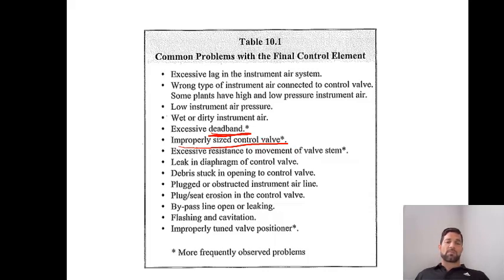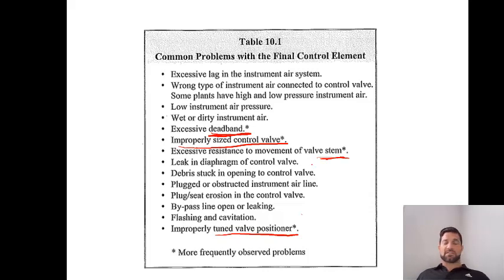So if you have an improperly sized control valve, you're not going to be able to achieve the control performance that you want. The valve positioner might be improperly tuned, so you may have to change this by looking at the valve positioner on the actual control valve. Or you might have resistance to the movement of the valve stem, which is essentially friction in your actual valve.